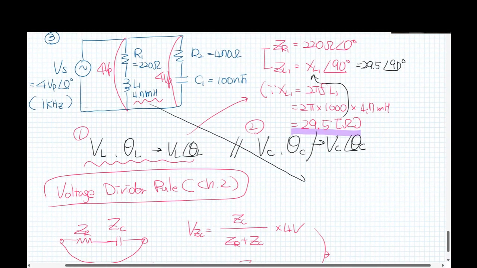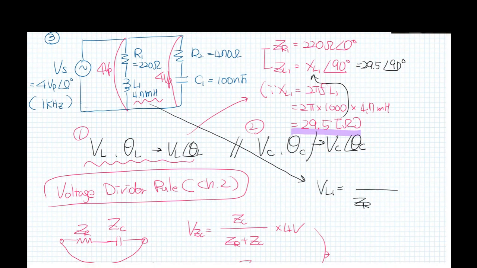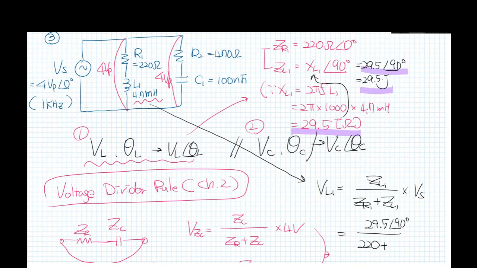Go back to here. V sub L1 is Z sub L1 over Z sub R1 plus Z sub L1, the voltage divider rule. So Z sub L1 is 29.5 at 90 degrees, and Z sub R1 is 220, so the denominator is 220 plus j29.5.